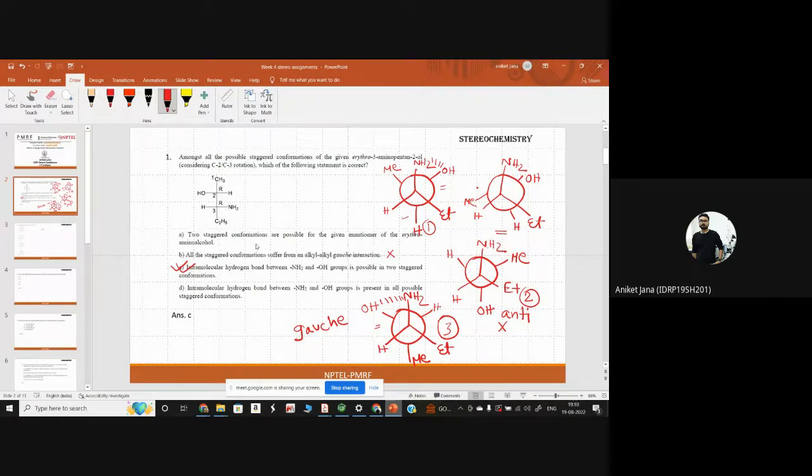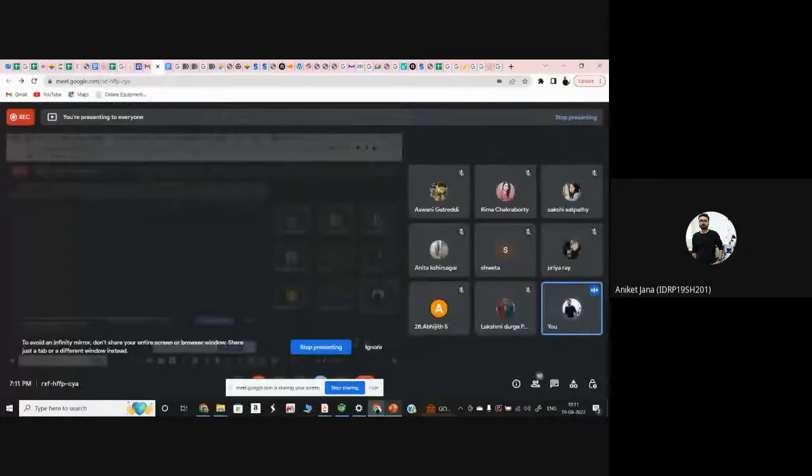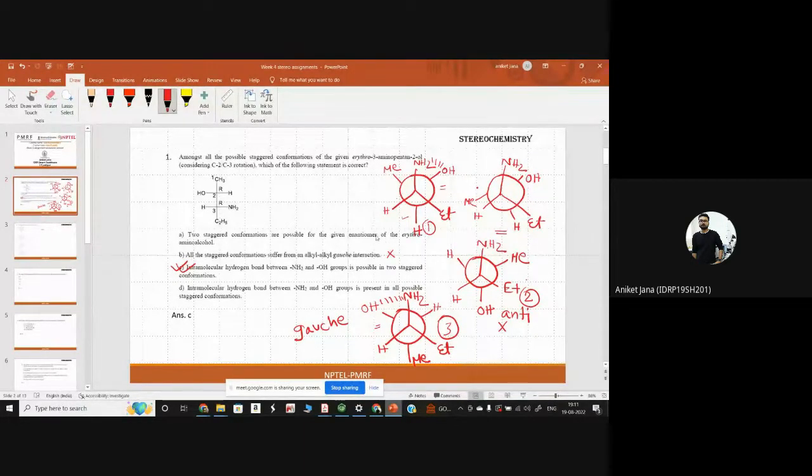In option A, it is saying that two staggered conformations are possible for the given enantiomer of the amino alcohol. So definitely it is wrong, but it has three staggered conformations, which I have already drawn here. Two are gauche, this one and this, and this is the anti-conformer. So the first option is wrong.